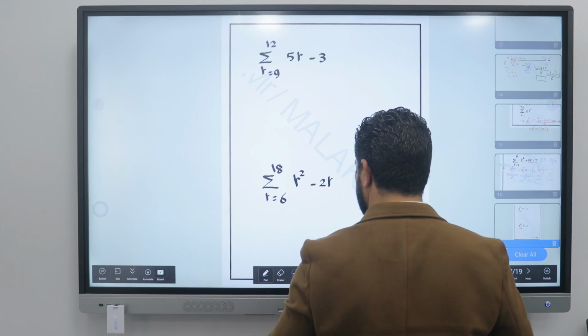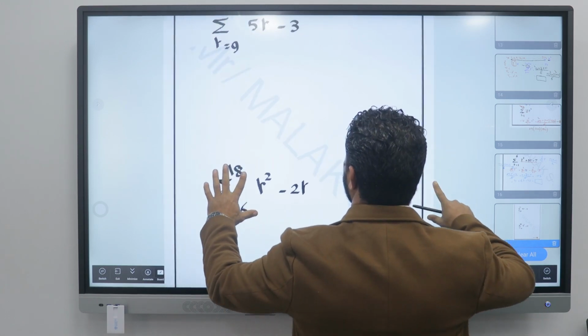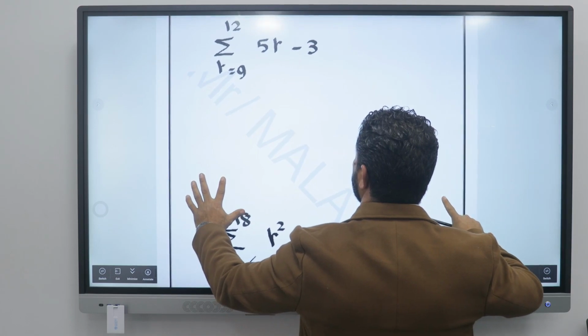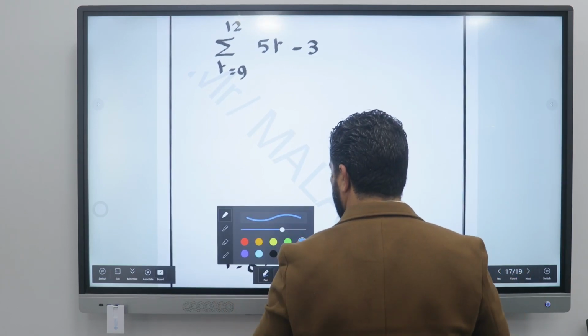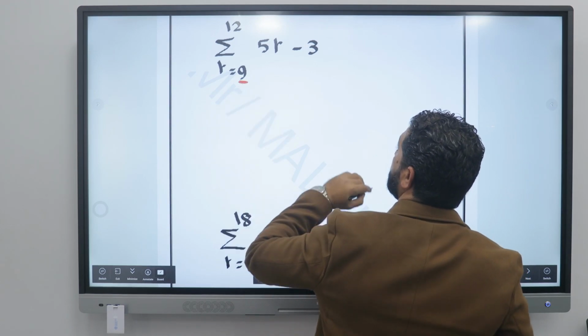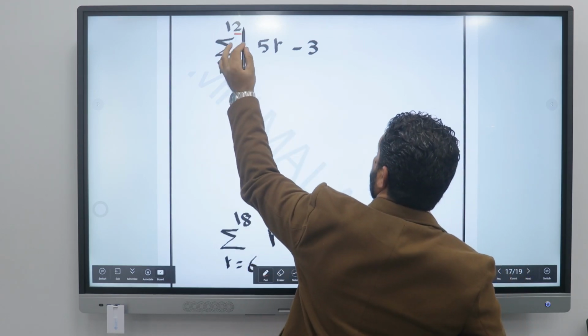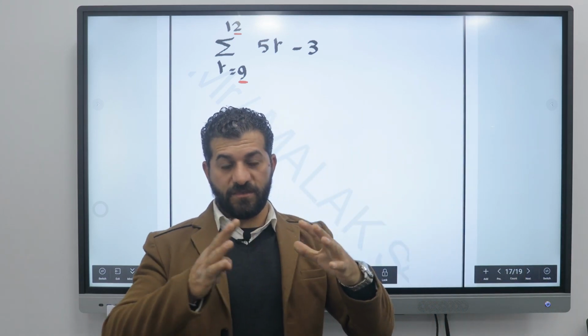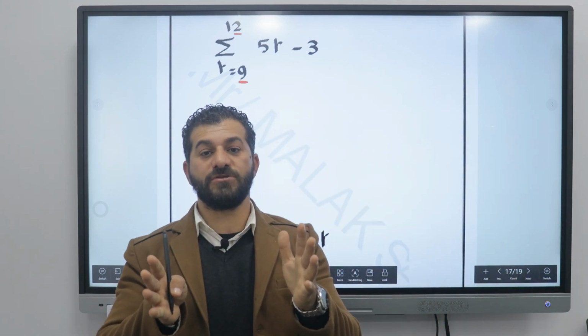Come on, because this topic needs a bit of work. Look, what is the problem here? What is the problem you have here? You have 9, okay, 12. I want to find the sum of all terms of the sequence.